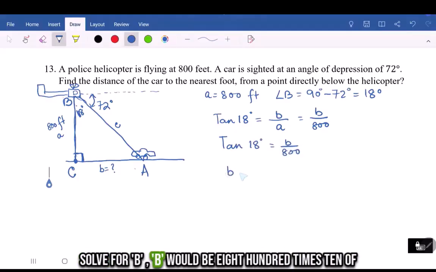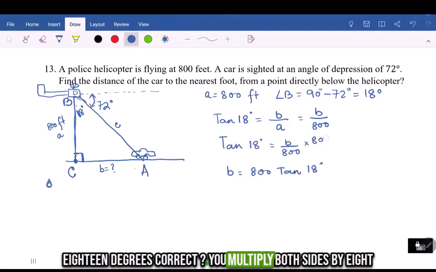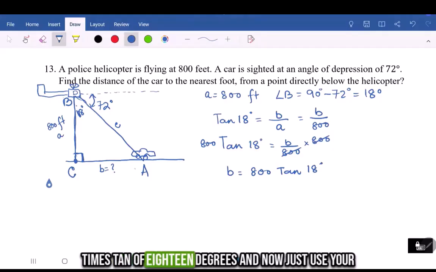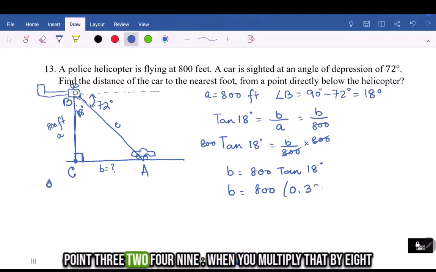Solve for b. b would be 800 times tan of 18 degrees. So you multiply both sides by 800 to solve for b, and we end up with 800 times tan of 18 degrees. And now just use your calculator to find tan of 18 degrees, which is approximately 0.3249.